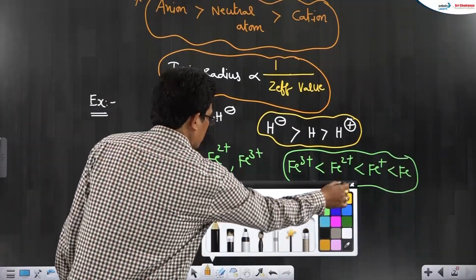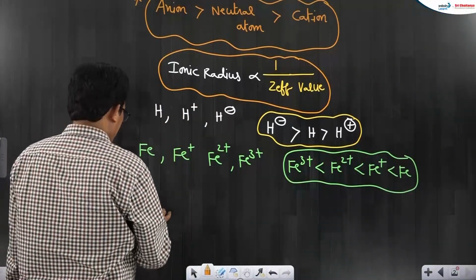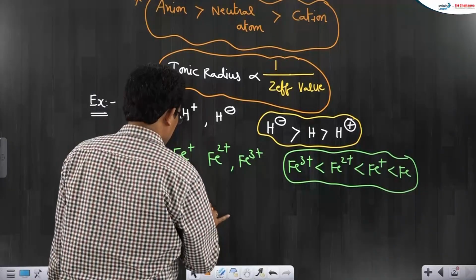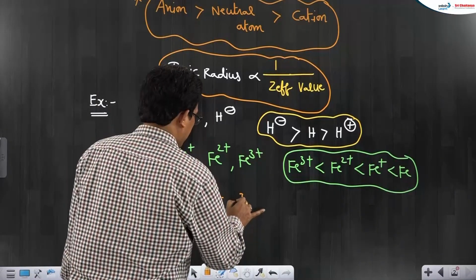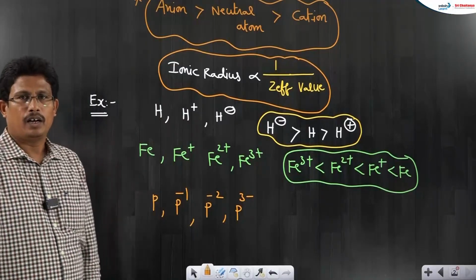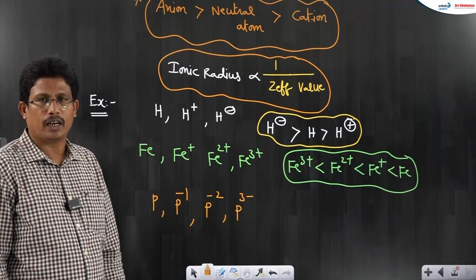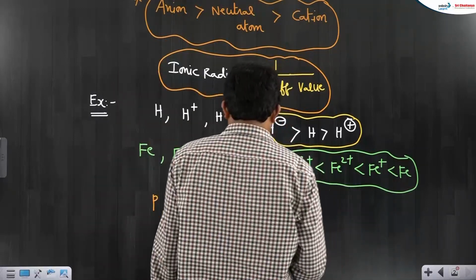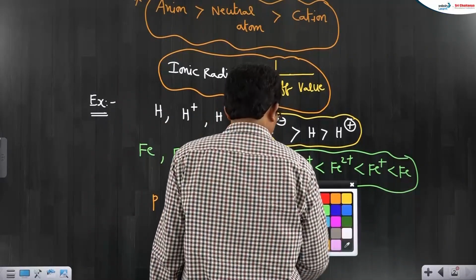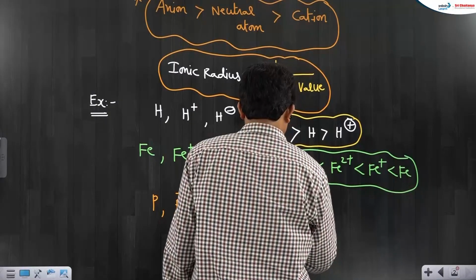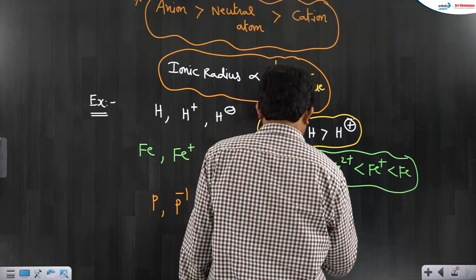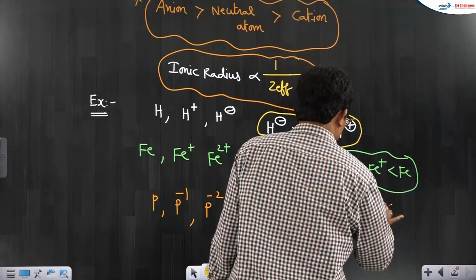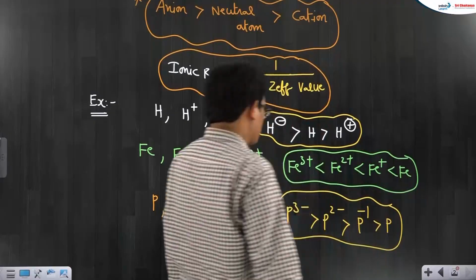Similarly, if you observe anions like phosphorus and its polynegative anions, as the magnitude of negative charge on the ion increases, radii increases. So the order is P3 minus greater than P2 minus greater than P minus greater than phosphorus.